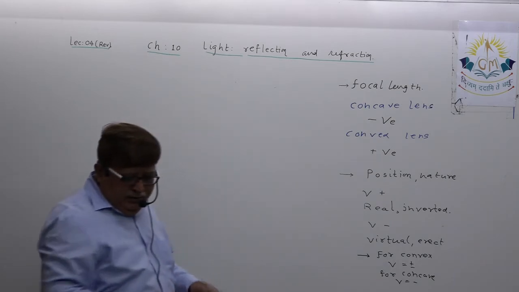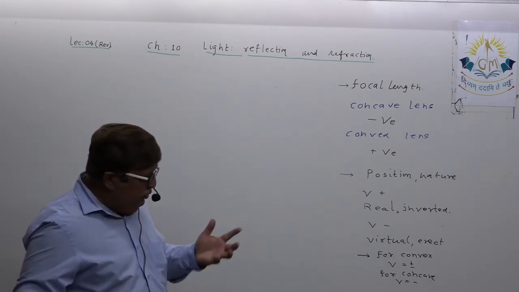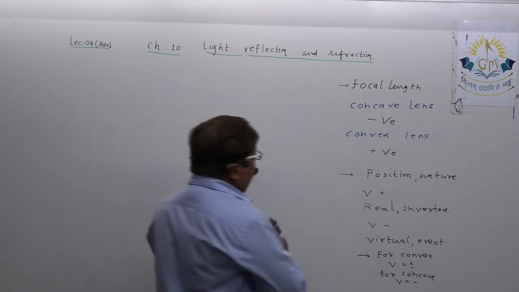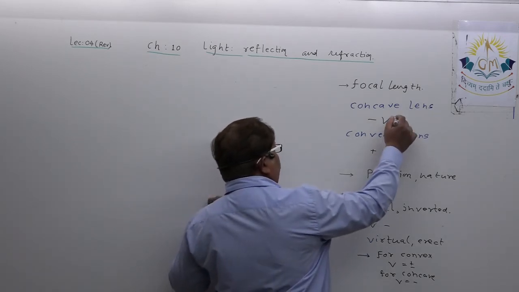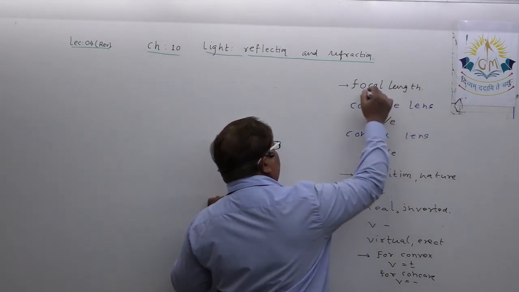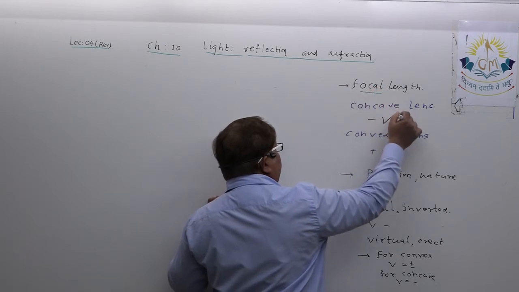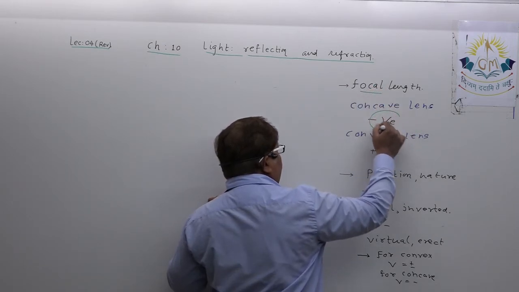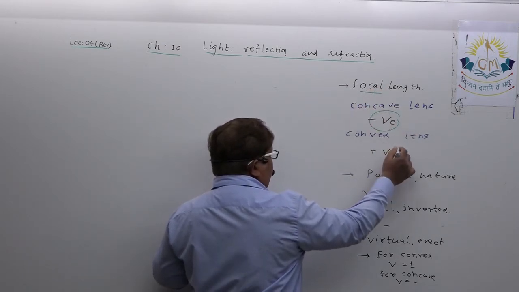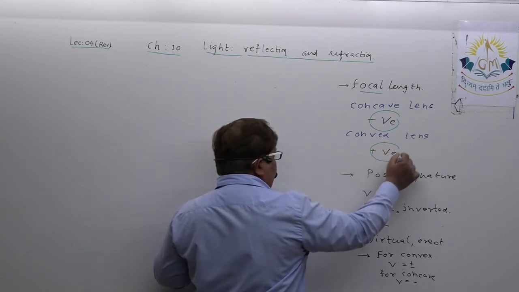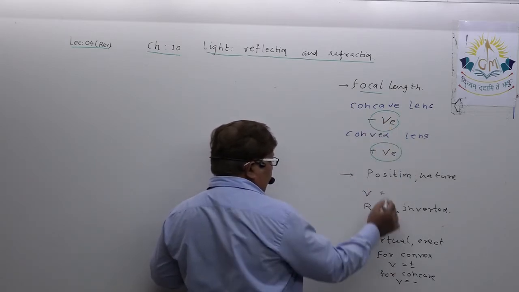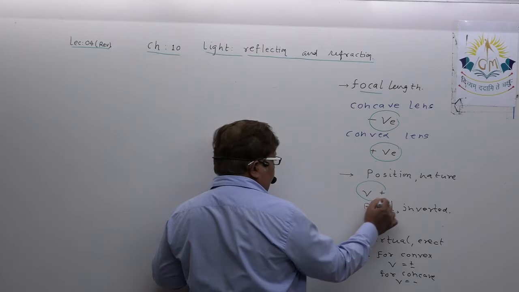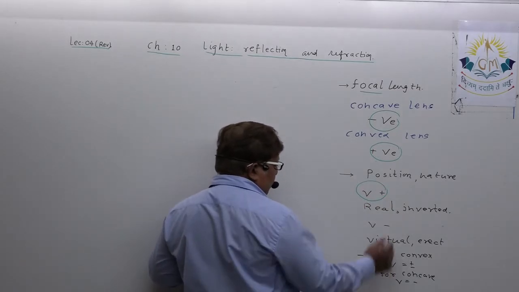Please mind this, some of the important points which are going to help you a lot. Focal length for concave is always negative, for convex always positive. V positive, real inverted.